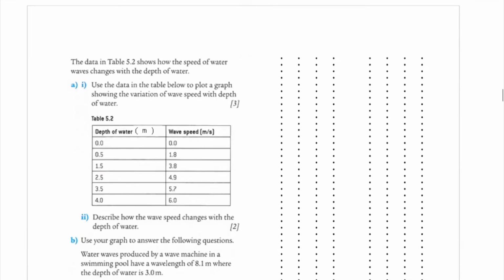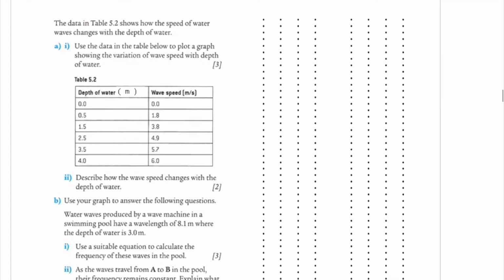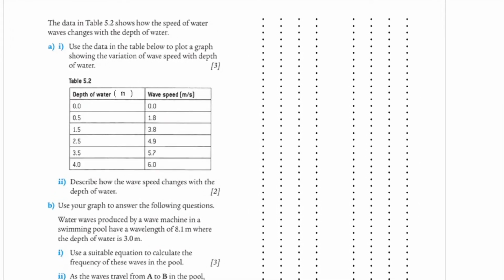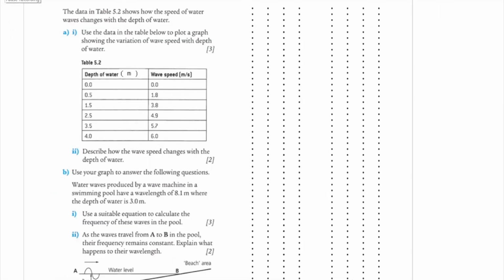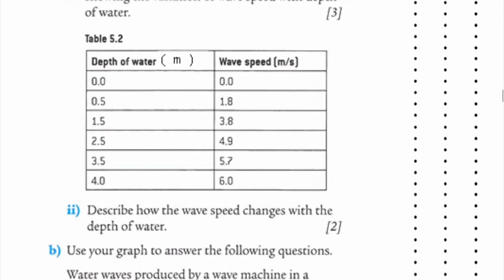Right, turn on to page 16, please. This is a past exam question, but also an opportunity for you to plot a graph of the independent variable, depth of water, against the wave speed.